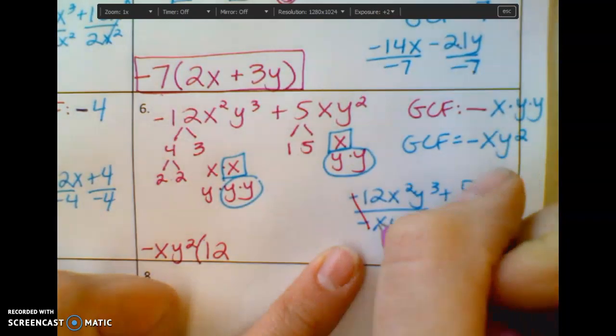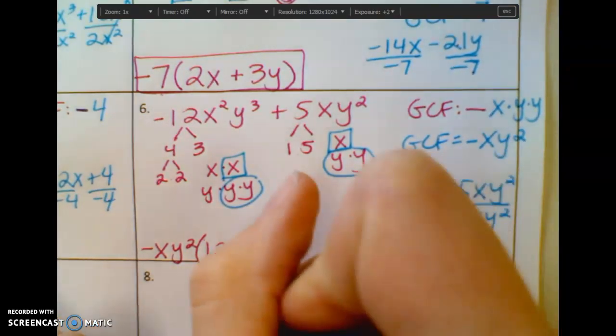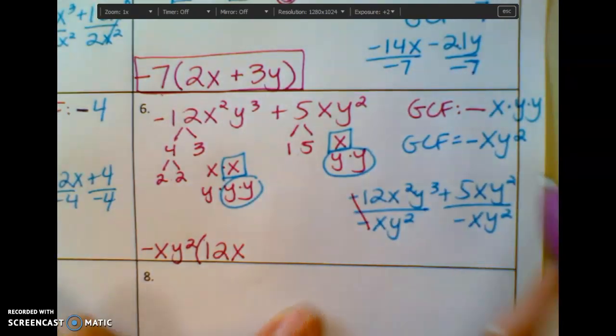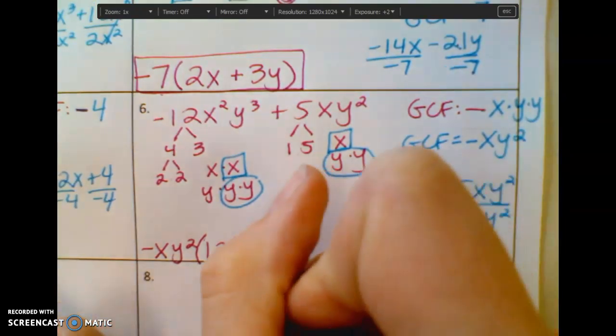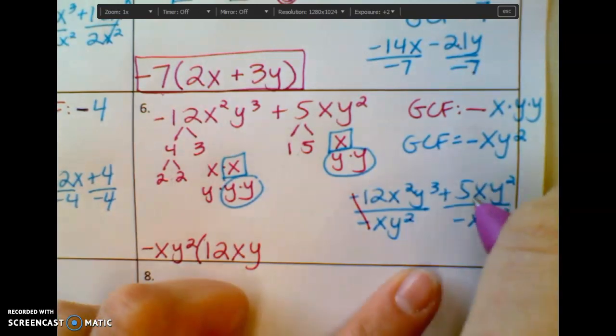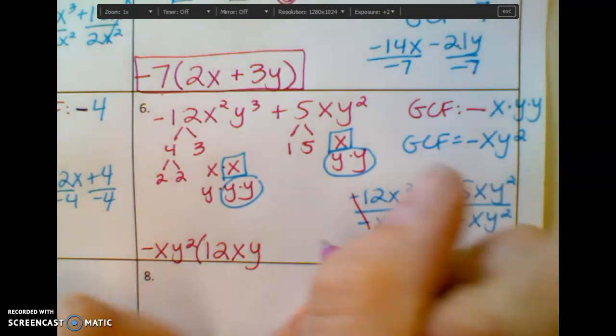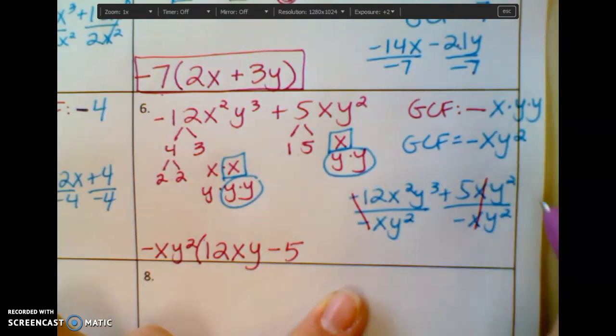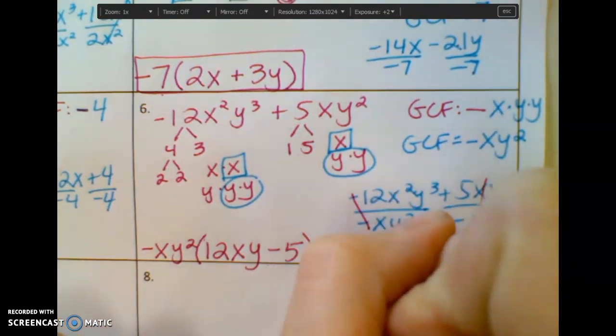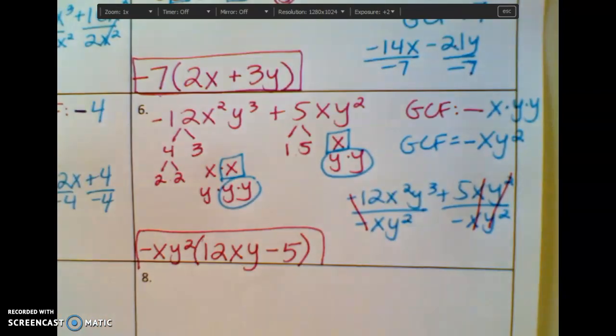X squared over x, that's top heavy. 2 minus 1 leaves me with x to the first. Y cubed over y squared, top heavy, we subtract and are left with y. Now over here, 5 divided by a negative is a negative 5. X's cancel. Y squared over y squared cancels. So we're done.